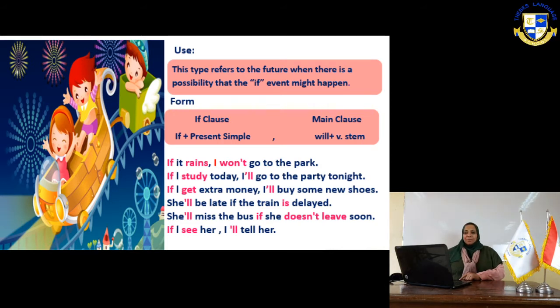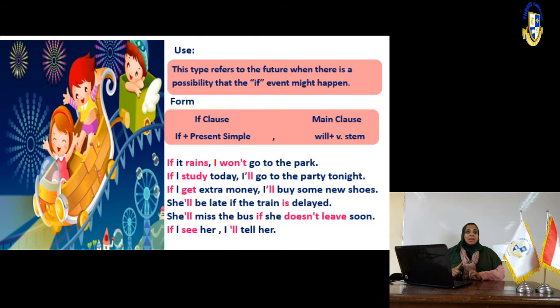Again, the form. I have two clauses, the if clause and the main clause. The if clause consists of if plus the present simple. And as I said before, the present simple has two types: present simple with singular personal pronouns he, she, it, and the present simple with plural personal pronouns.